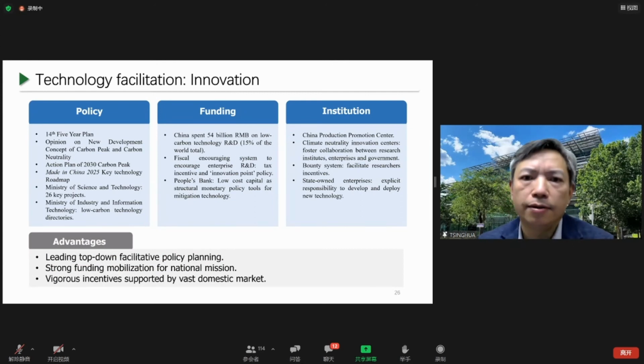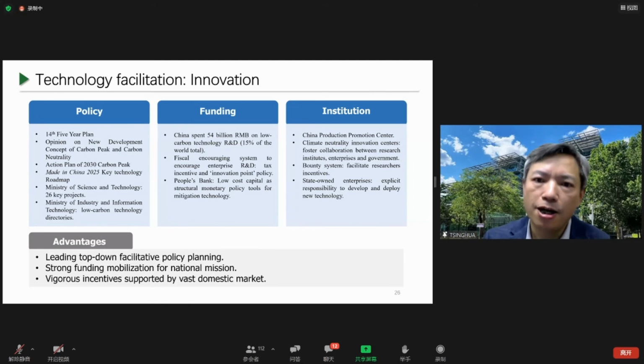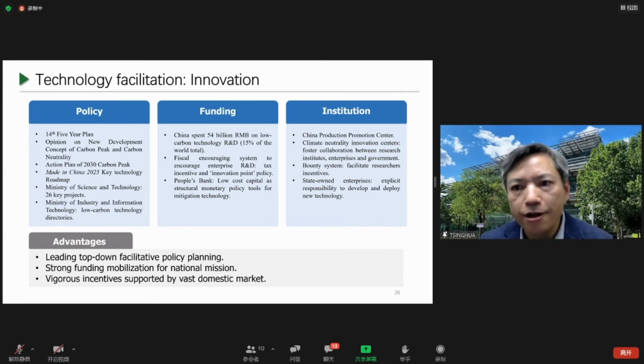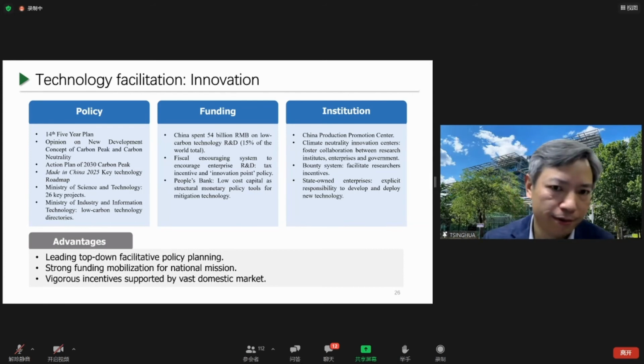Actually, there is very good progress in technology innovation made in China. From the policy side, low carbon technology innovation has been emphasized by a number of top-down central government policies, such as the 14th Five-Year Plan, the opinion on the new development concept of carbon peak and carbon neutrality, the action plan of 2030 carbon peak, and the Made in China 2025 key technology roadmap.